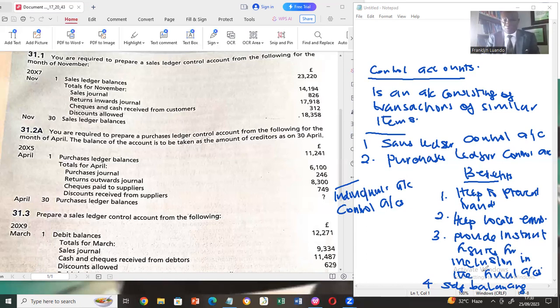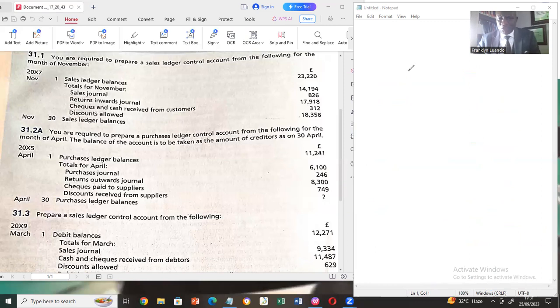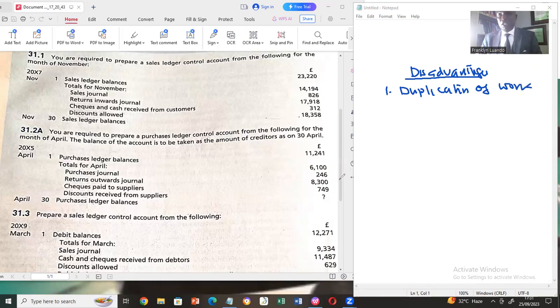There are also disadvantages. The major one is duplication of work. Instead of one person doing the job, there are two.